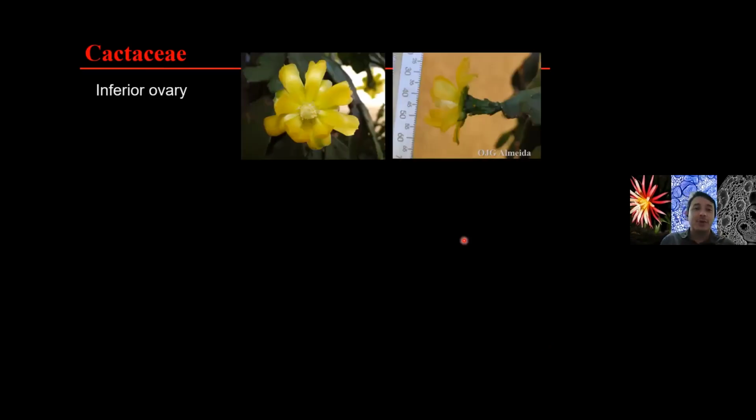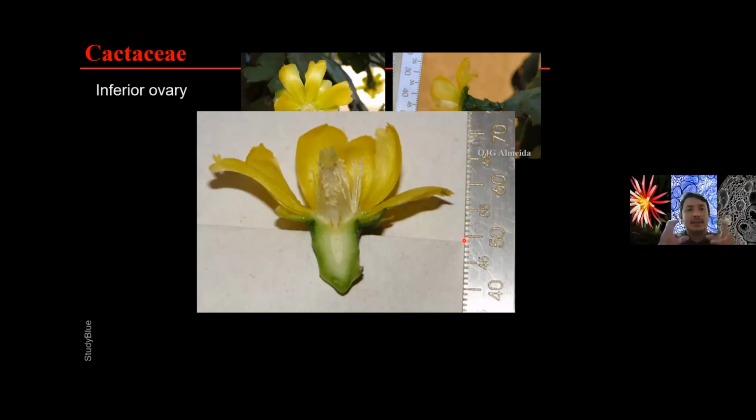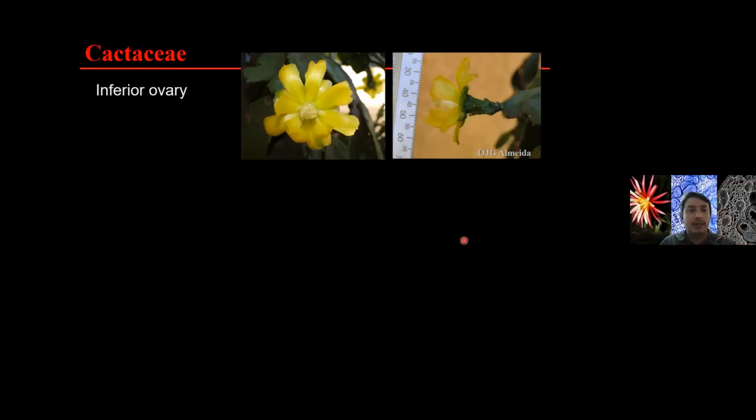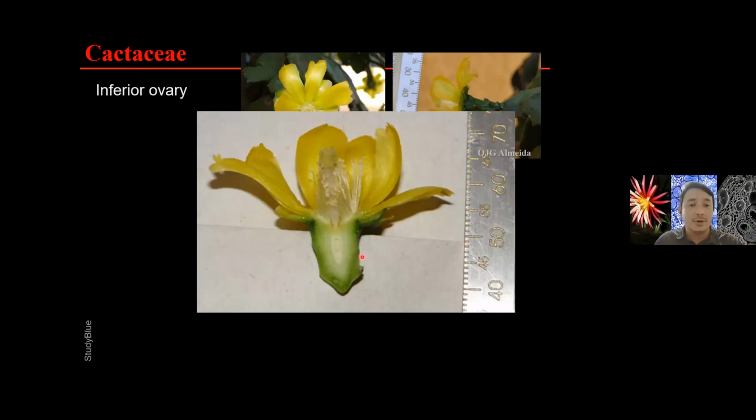And before I try to show you the results, I'd like to calibrate the structure of the flower for the cactus family. Although some species of cacti have flowers with a semi-inferior or even a superior ovary in the ancient lineages, like Pereskia and Leuenbergeria, most flowers in the family have an inferior ovary.